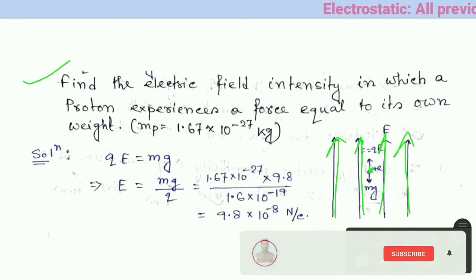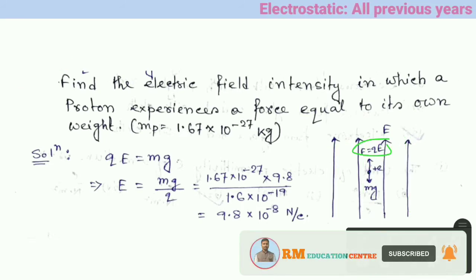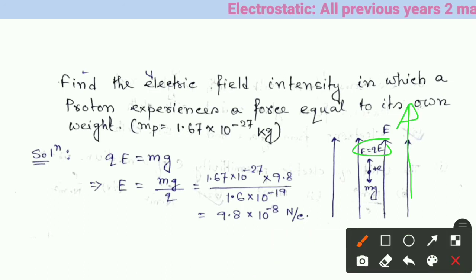So this force is qE, which acts in the upward direction. Due to the weight of that proton, it experiences a force in the downward direction, which is mg.